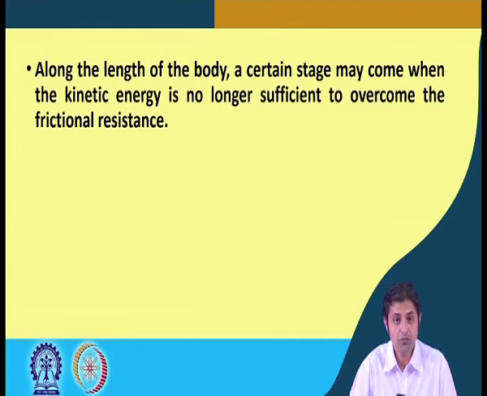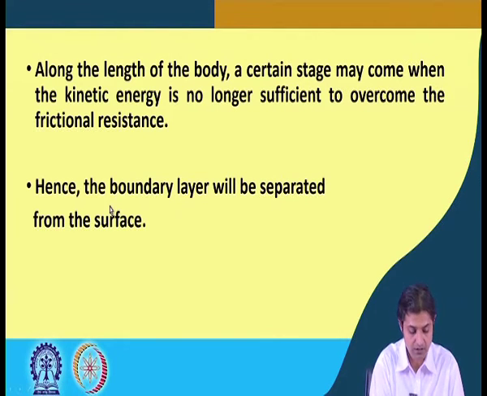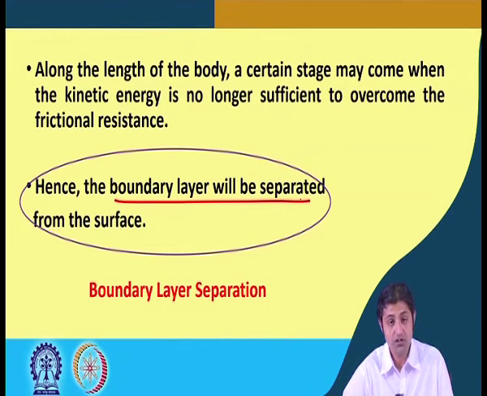So, along the length of the body, a certain stage may come when the kinetic energy is no longer sufficient to overcome the frictional resistance. I mean, the kinetic energy transferred from the upper layer to the layer below is no longer sufficient to overcome the frictional resistance. In that case, the boundary layer will be separated from the surface, and this is called the boundary layer separation.